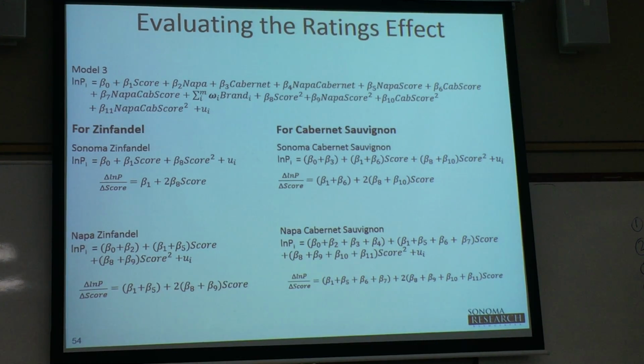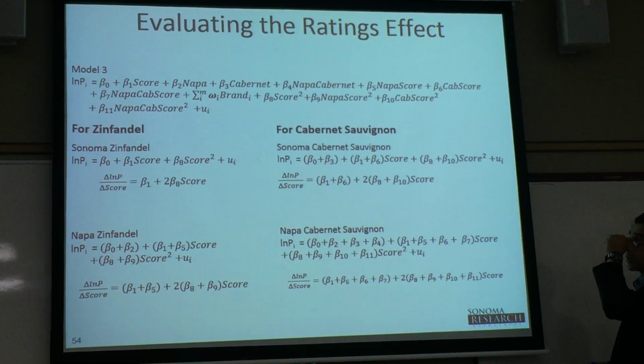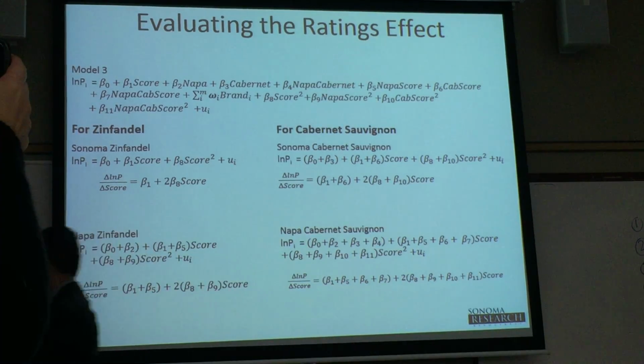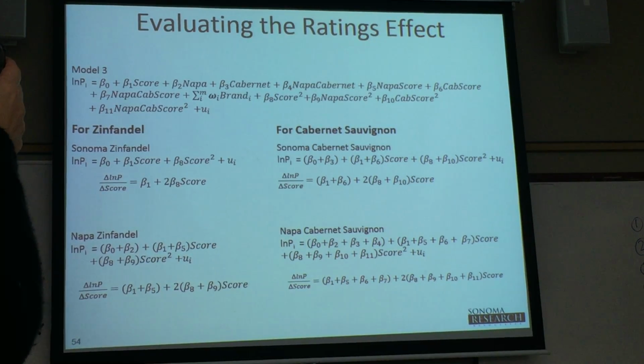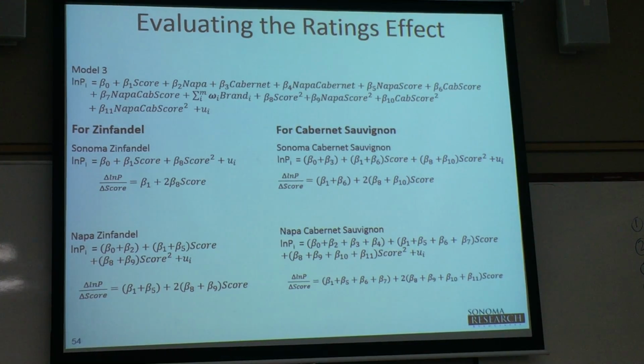By allowing a nonlinear term in here, the score squared, it'll allow for this to be nonlinear, but if the true relationship is linear, it'll still keep a relatively straight line. So we're allowing for nonlinearity. We're not forcing nonlinearity.